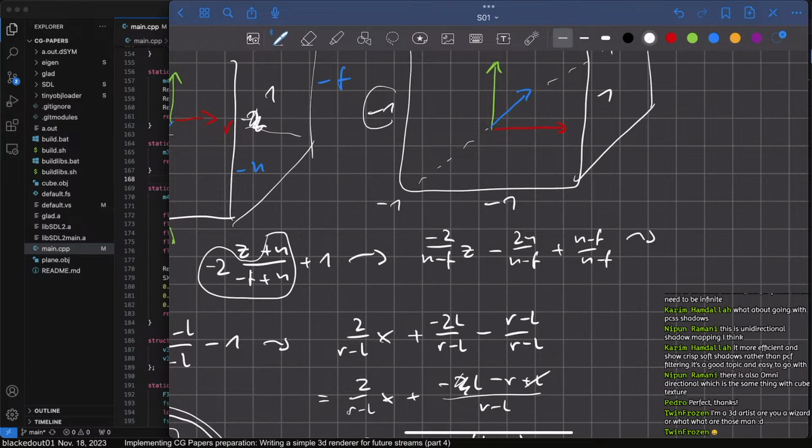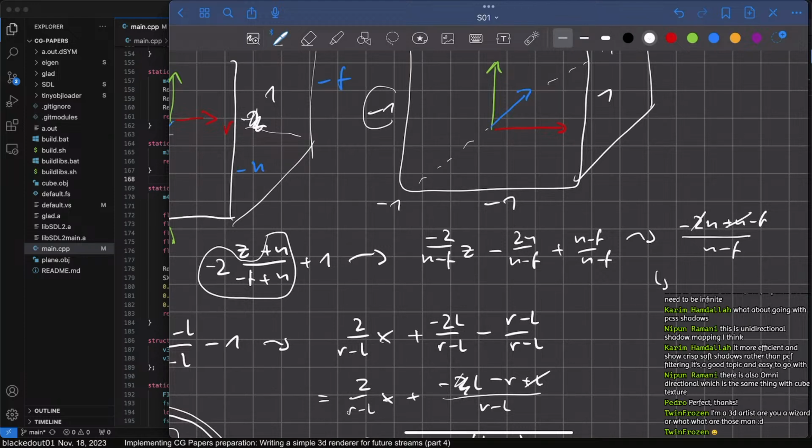So this is the scaling factor, and now we have -2n plus n minus f, divided by n minus f. And this cancels again.